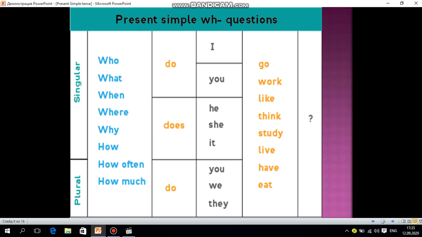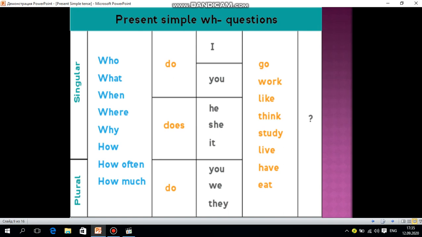Present simple WH questions or special questions are the questions that require more information in their answers. Typical WH words are who, what, when, where, why, how often, how much.